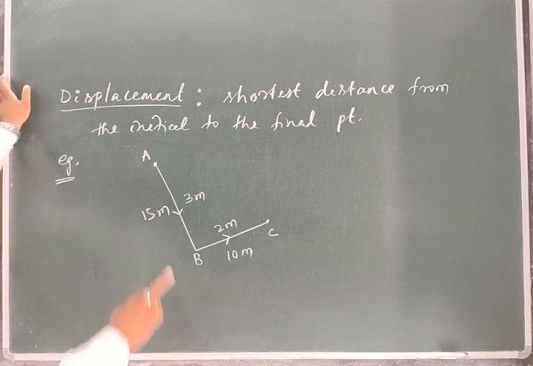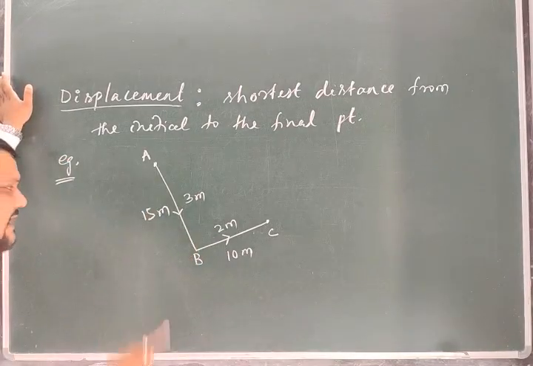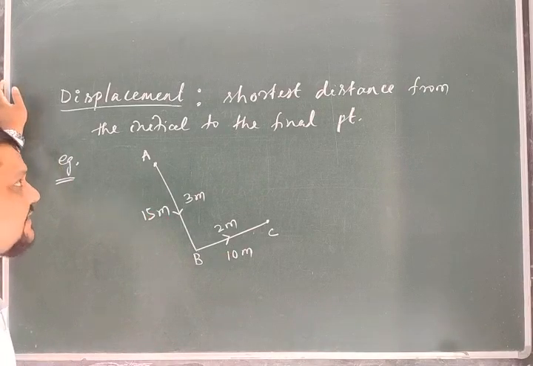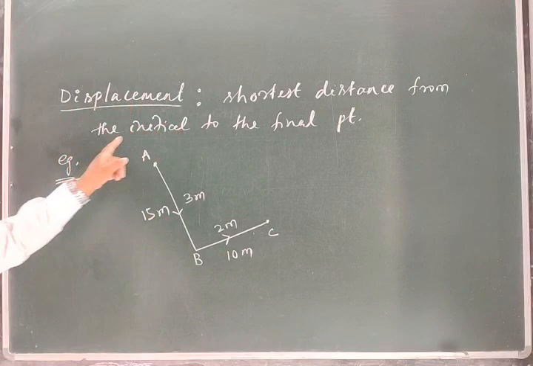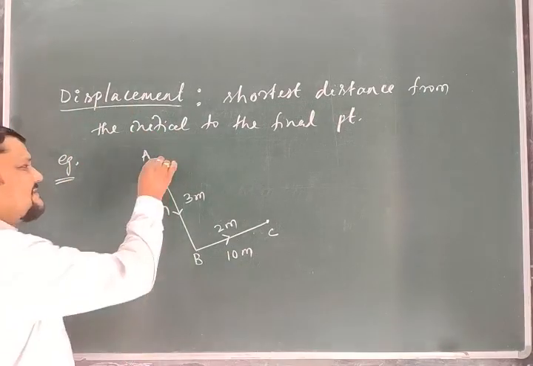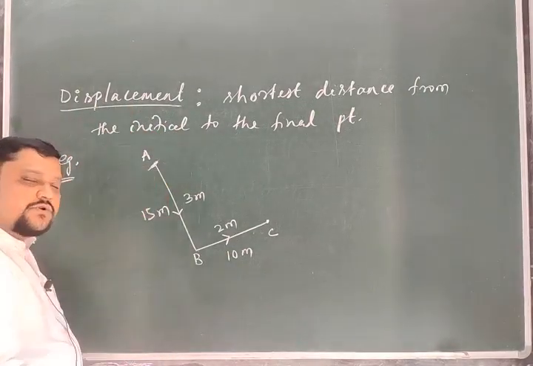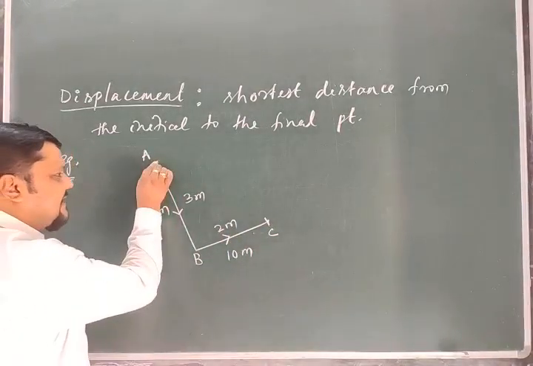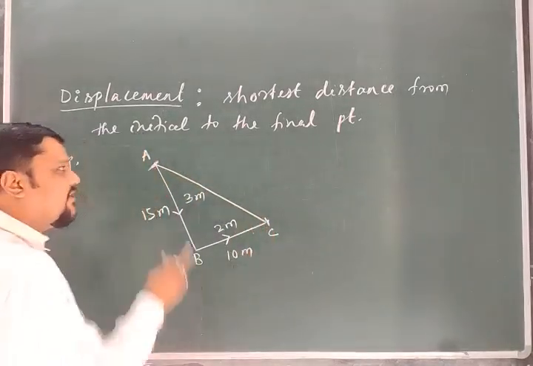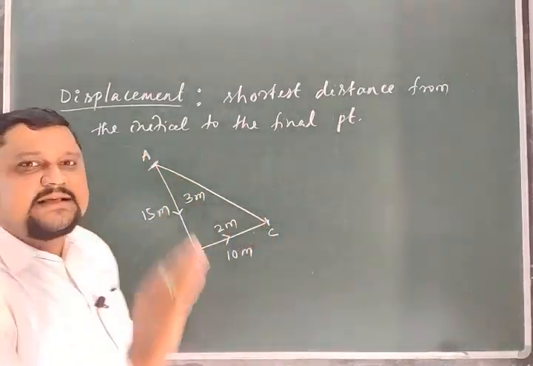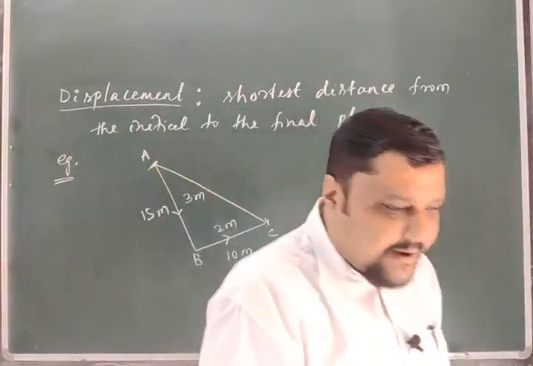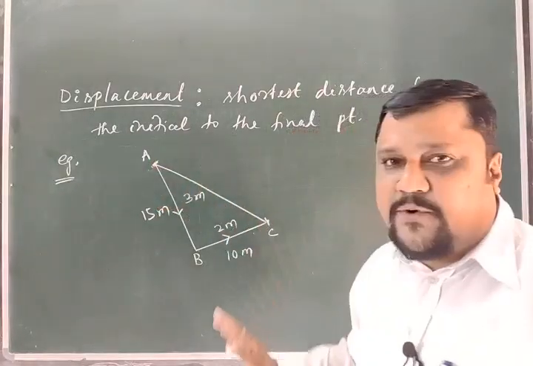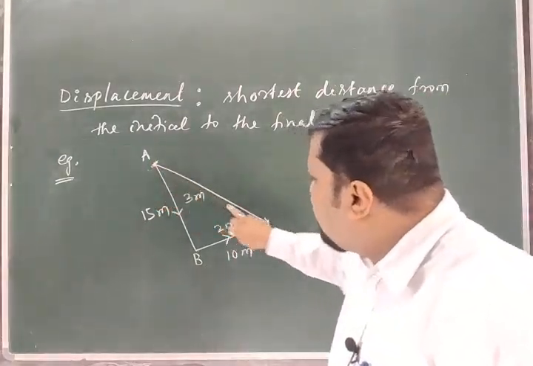So now what is the displacement? When I ask you what is the distance, you will tell 15 plus 10. It is not concerned with direction. But here it is the shortest distance from the initial to the final point. This is the initial point where the particle starts its motion and this is the final point where it reaches. The shortest distance means a straight line joining the initial to the final point. That is the shortest distance in geometry.